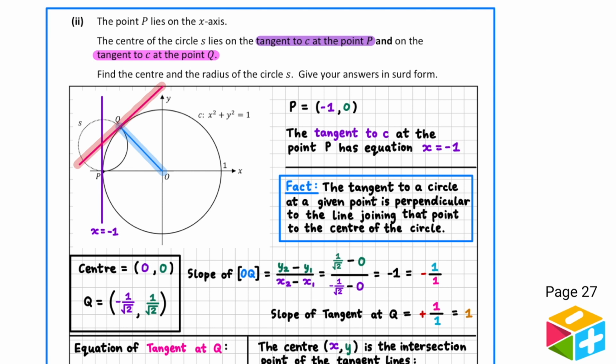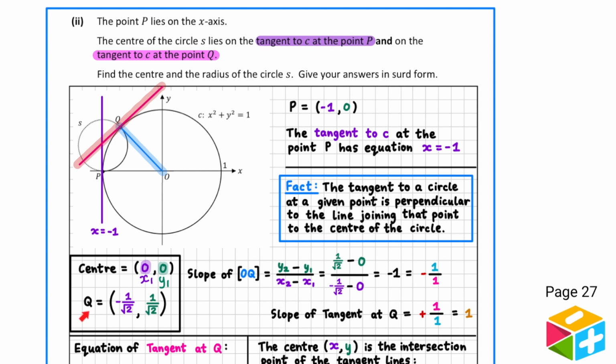Well, given 2 points on a line, we can find the slope of the line using the formula y2 minus y1 over x2 minus x1. As it turns out, we know the coordinates of 2 points on the line OQ, namely O and Q. O is the centre of the circle, which has coordinates 0, 0, and we label these with x1, y1.